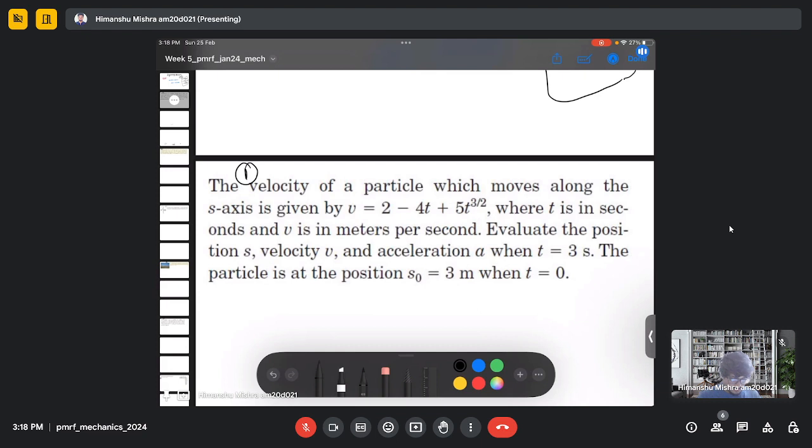So basically, we have given the expression of velocity, and we need to calculate the position, velocity and acceleration at time t equals 3 seconds. So it's a pretty straightforward question.